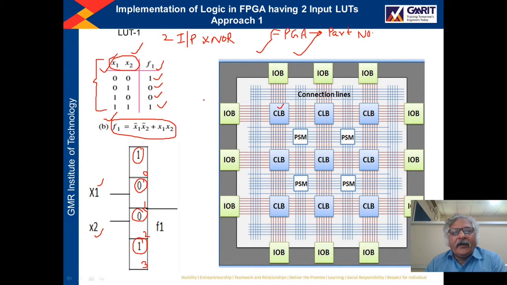So a netlist will be generated with information that your logic is implemented in LUT number 1. Let us assume in this CLB there is one LUT named LUT number 1. In another CLB there is another 2 input LUT, LUT number 2. In this CLB there is a third LUT, LUT number 3.